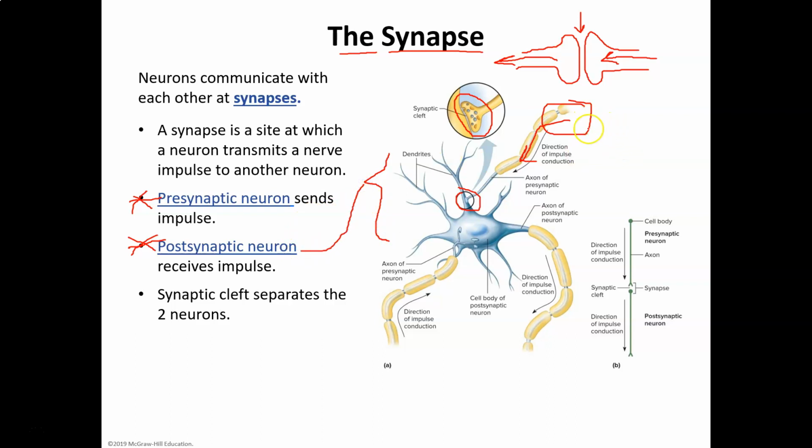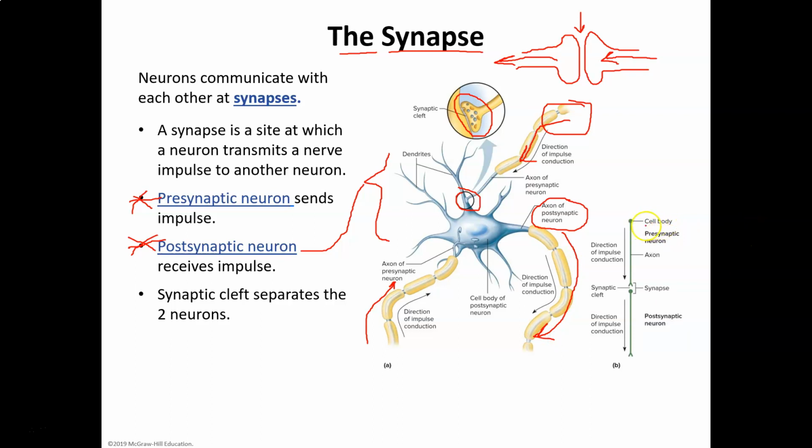This thing's the presynaptic neuron. Here's another presynaptic neuron down here. It's coming in, it's myelinated, it's sending a signal to this nerve cell. Here is the axon of the postsynaptic neuron. So if a signal is going to get sent out, it's going to get sent out this way on that axon.